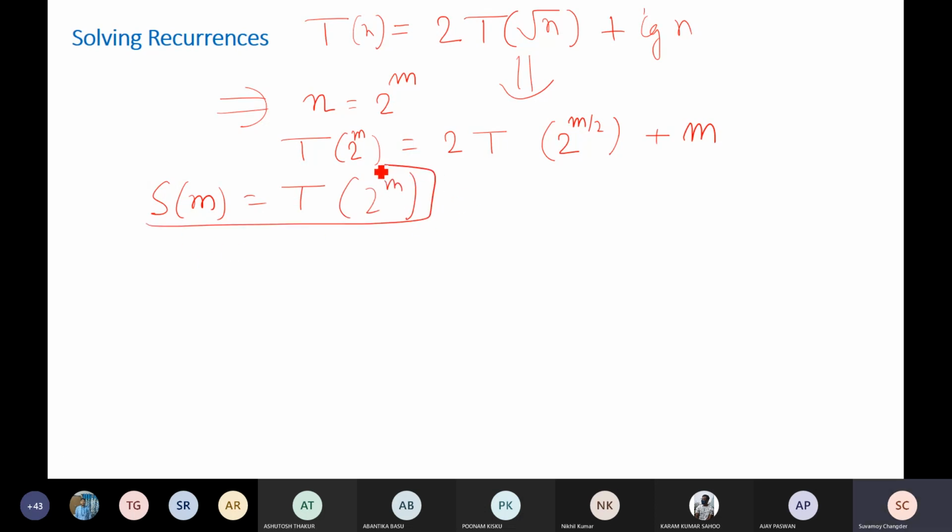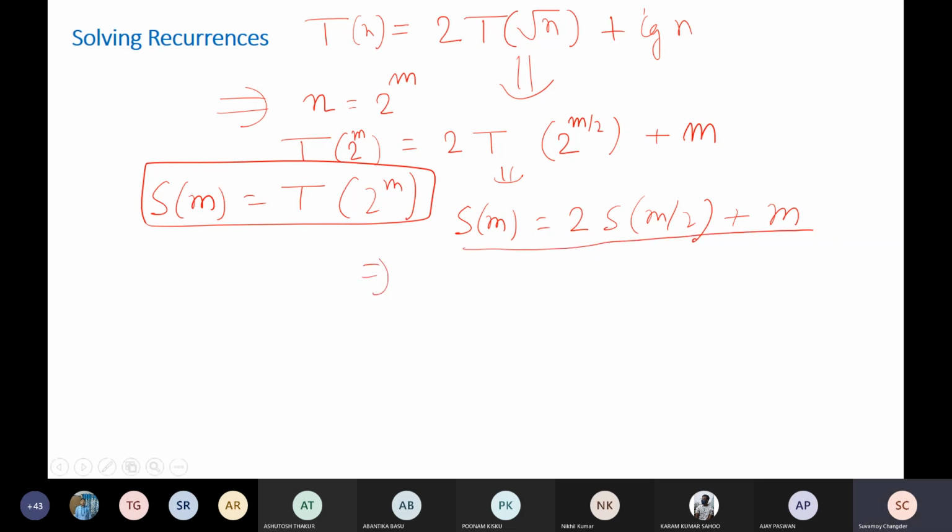So if we change the variable of the recurrence, then this can be converted as S(m) is equals to 2S(m by 2) plus m. See, if S(m) equals to T of 2 to the power m, then 2 to the power m by 2 must be written as m by 2, plus m. This is not dependent on T. Now check, this is known to us, and we know the solution of this equation is big O of m log m.